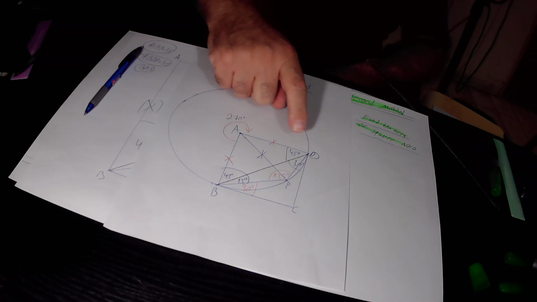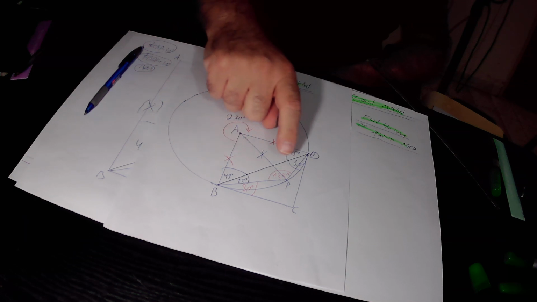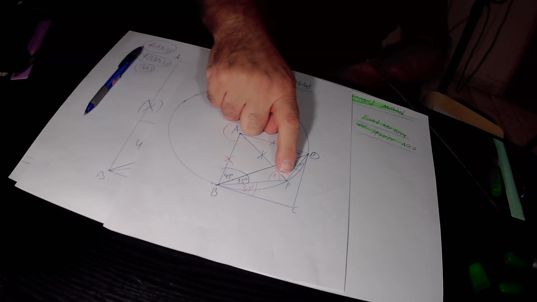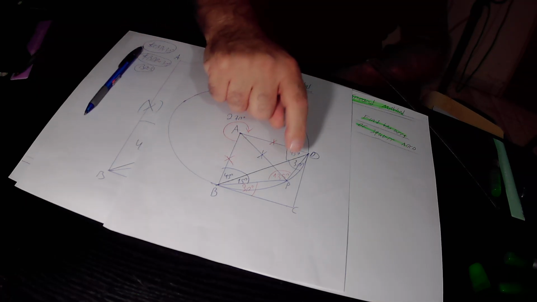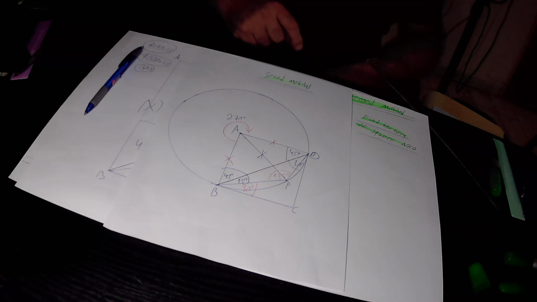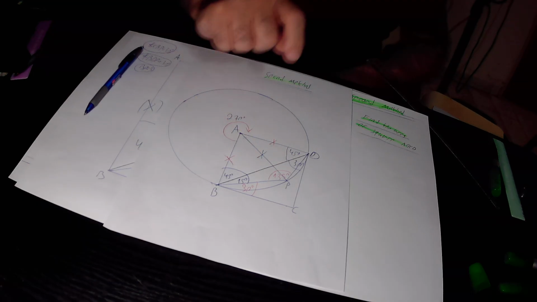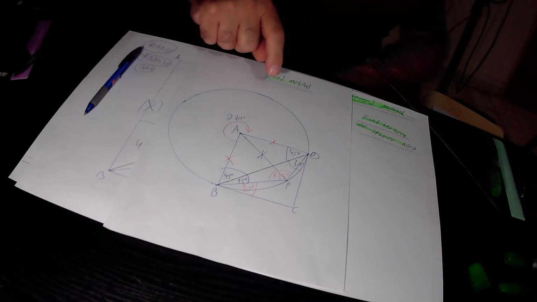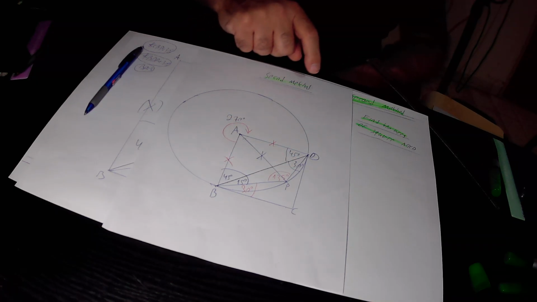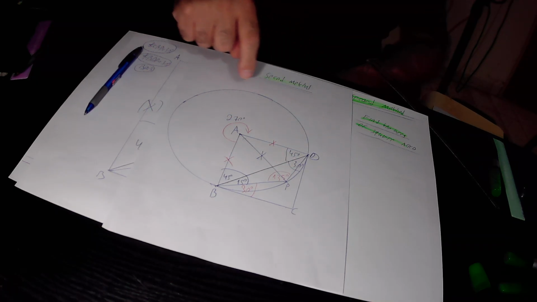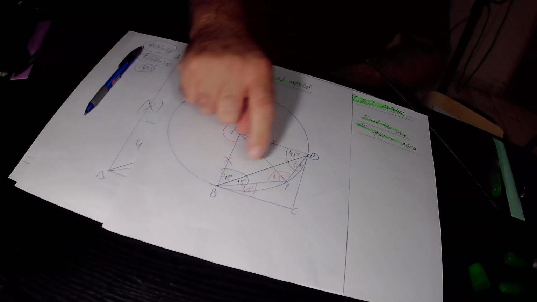Point D lies on the circle, point B of peripheral angle DBP also lies on the circle, and point P must lie on the circle itself because it is a peripheral angle. So we found out that the circle passes through point P, because DPB is a peripheral angle.